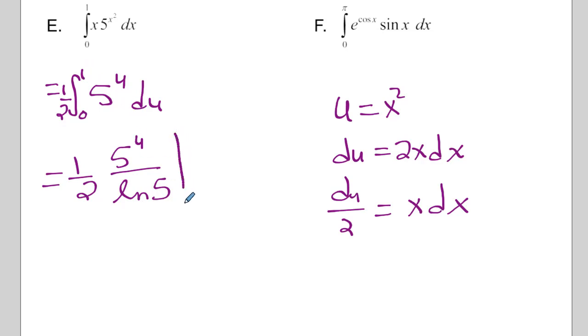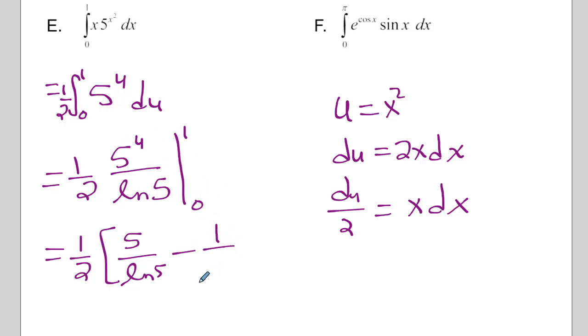So we're going to evaluate this from 0 to 1, and that gives us 1/2 of 5 over natural log of 5 minus 5 to the 0 is 1, so 1 over natural log of 5.